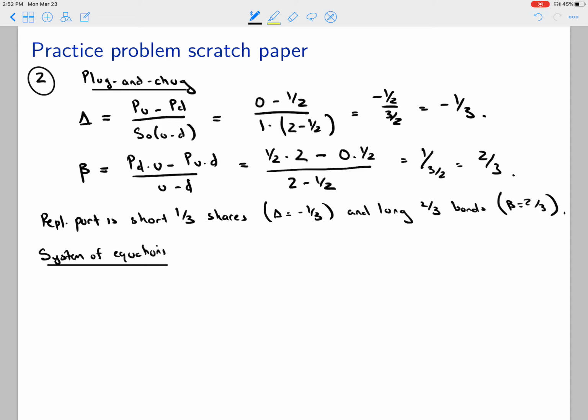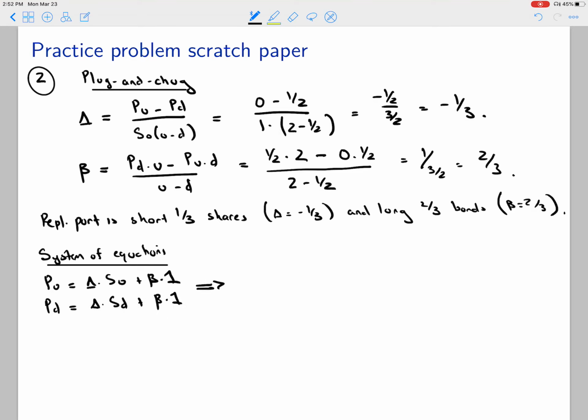We start with the first equation. It equates the payoff of the put in the upstate, PU, equal to delta times SU plus beta times 1. And the second equation equates the payoffs in the downstate, PD equals delta times SD plus beta times 1.